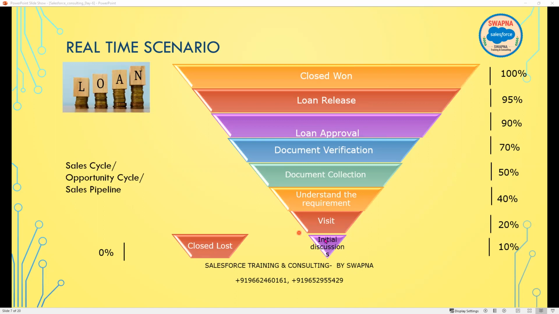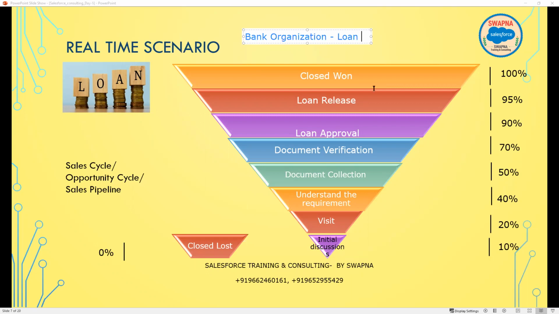Now this is a real-time scenario for a bank organization. In the bank organization, we have a separate group for loans. For loans, this is the sales cycle, the opportunity cycle or sales pipeline. Similarly, Salesforce also provides a default sales cycle.